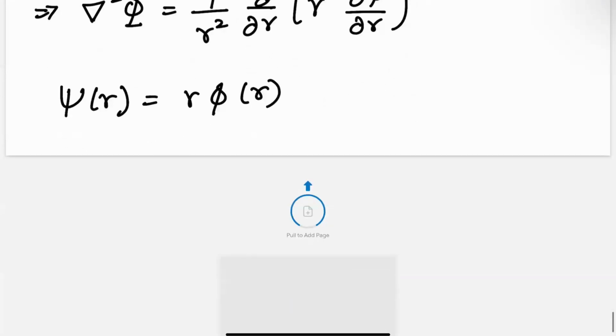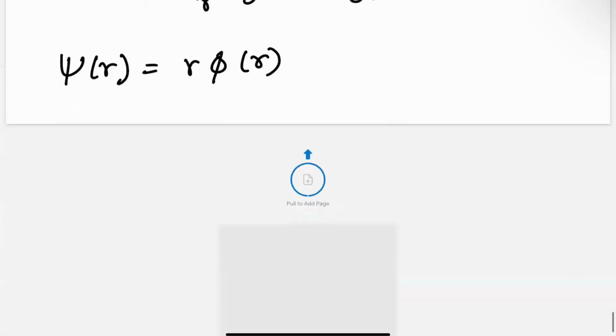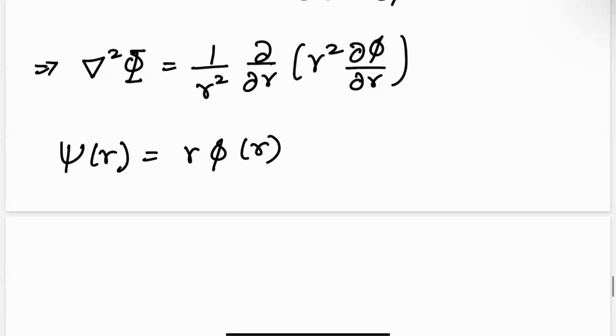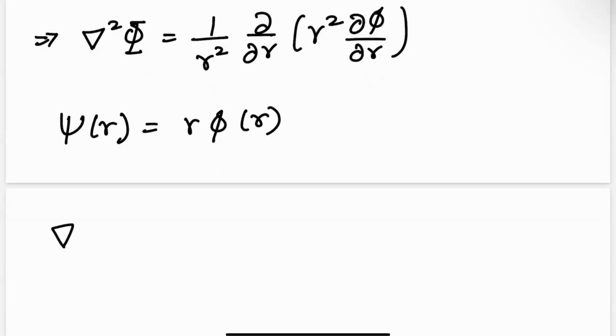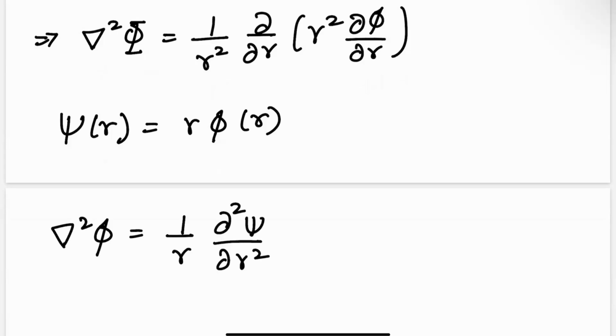So I'll define psi of r as r times phi of r. Okay. So if I do this, you can show pretty easily that the Laplacian of phi would be equivalent to 1 over r d squared psi over dr squared. It's pretty easy to see.